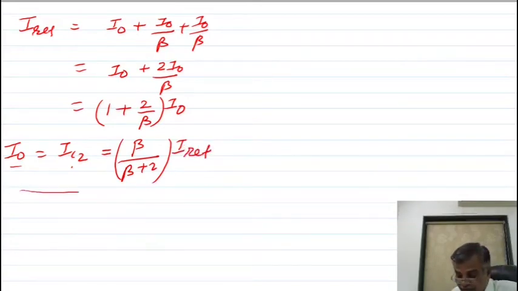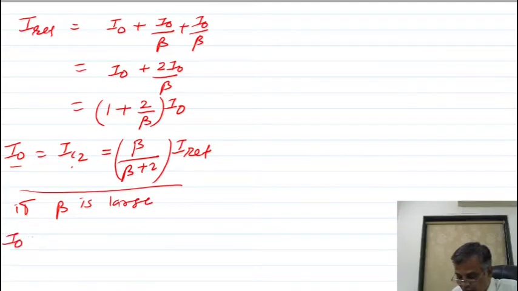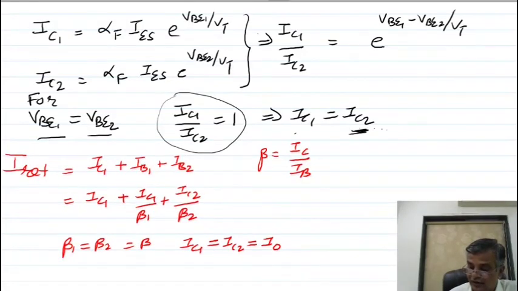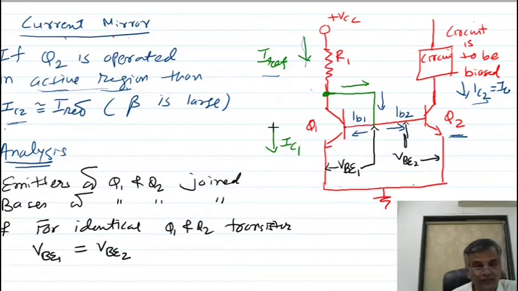So this equation says that if beta is large, then I0, which is IC2, is nearly equal to I reference. As I told you, when beta is large, this current is an image of this current.